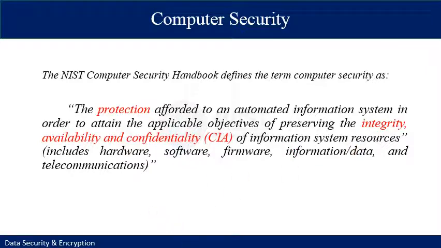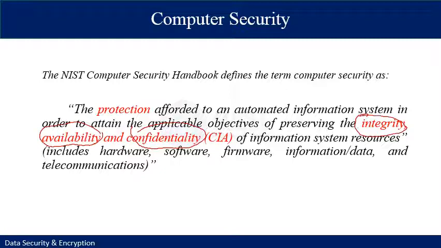This leads us to three common tasks that will be used in detail in this course: number one is integrity, number two is confidentiality, and number three is availability. It is termed CIA. CIA stands for confidentiality, integrity, and availability.